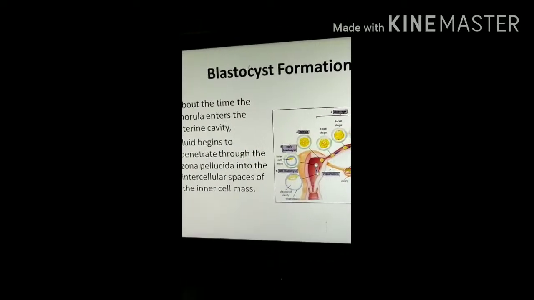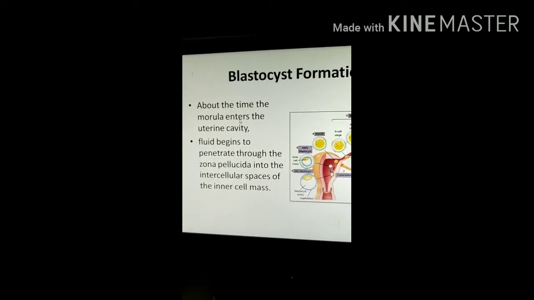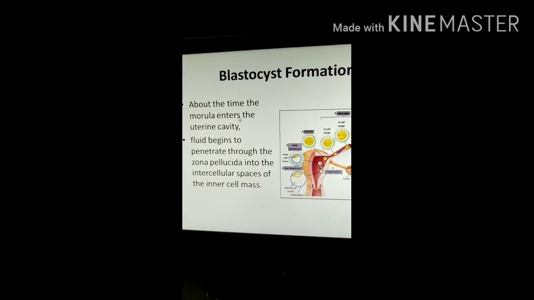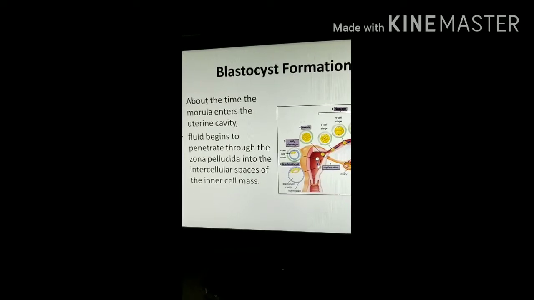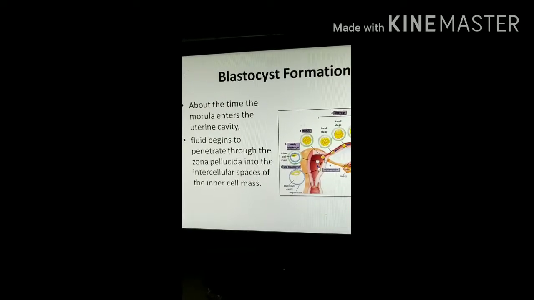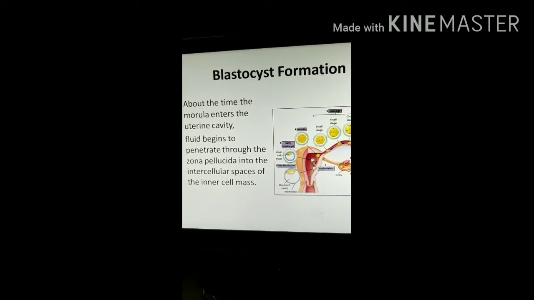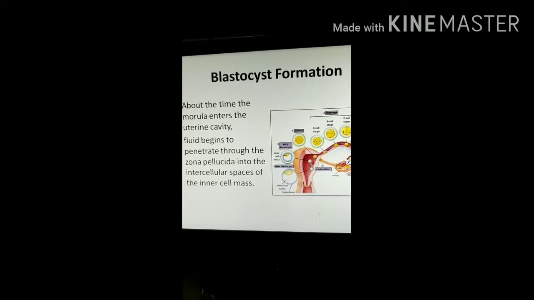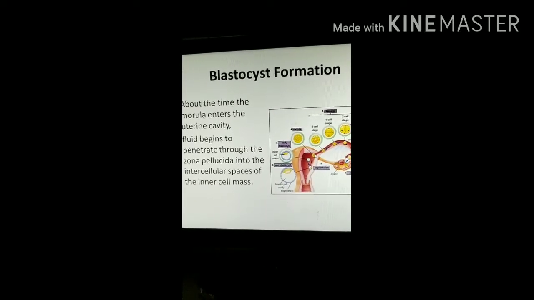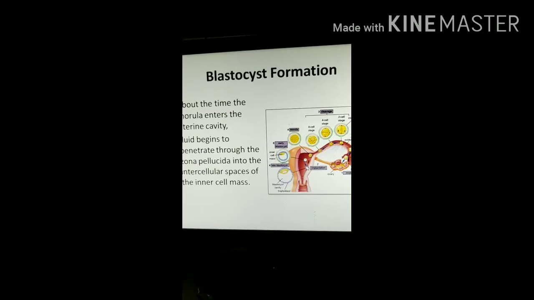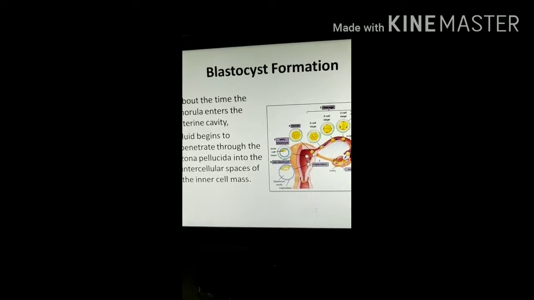How is the blastocyst formed? About the time the morula enters the uterine cavity, fluid penetrates through the zona pellucida into the intercellular spaces of the inner cell mass.